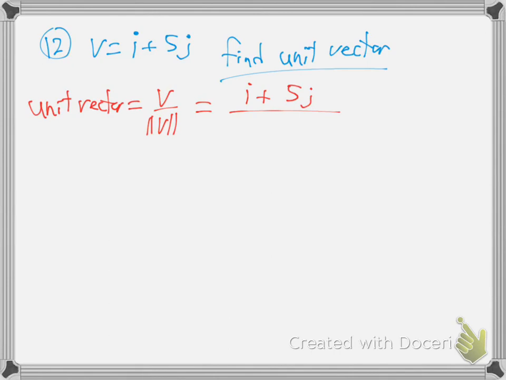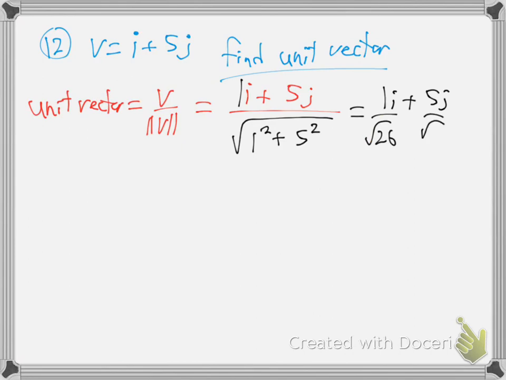It's the square root. Now what's the first number? 1. There's an understood 1 there, huh? Visible 1. Square root of 1 squared plus 5 squared. Which is 1i plus 5j, both over the square root of 26. We okay with that? That's just 1 plus 25. Good to there so far.